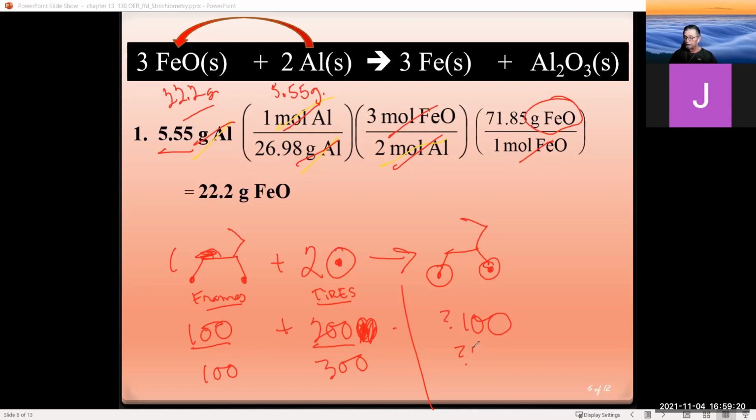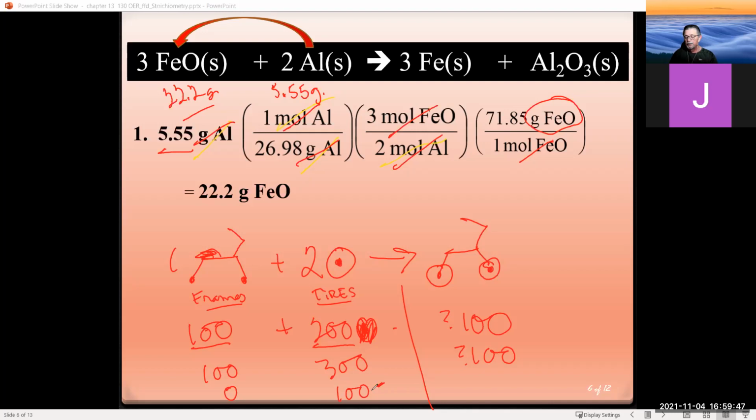Would I also have 100 again? I will have 0 frames left because all the frames were used, and I will have 100 tires left over, because of those 300, 200 were used to make the assembled bikes. So I end up with 100 assembled bikes and 100 excess tires.